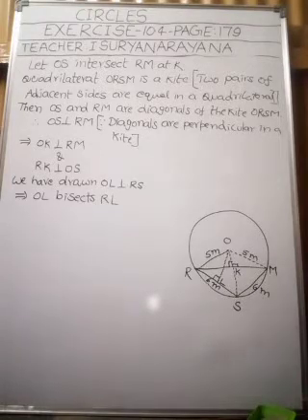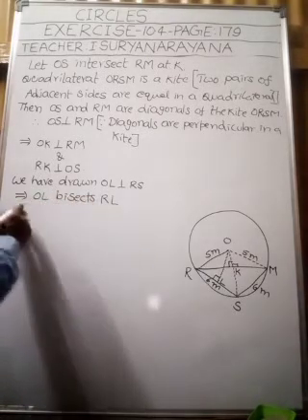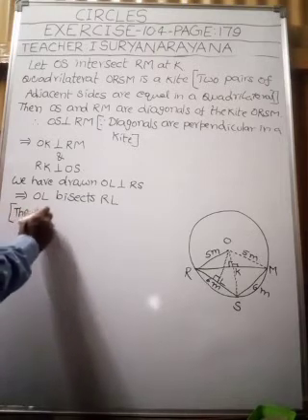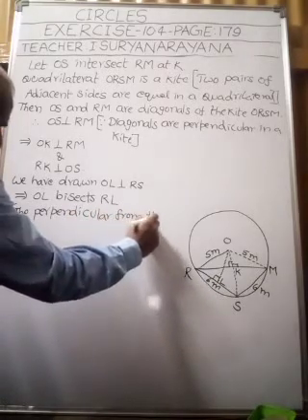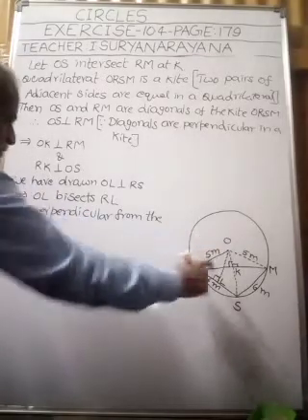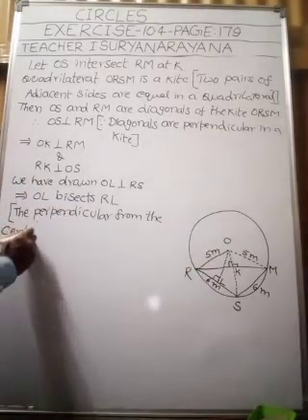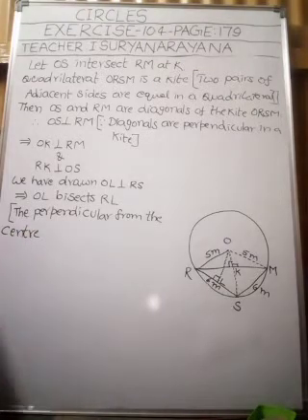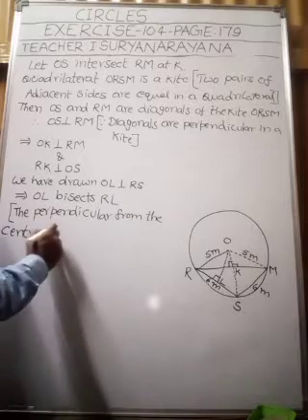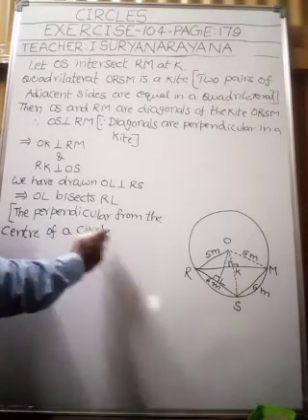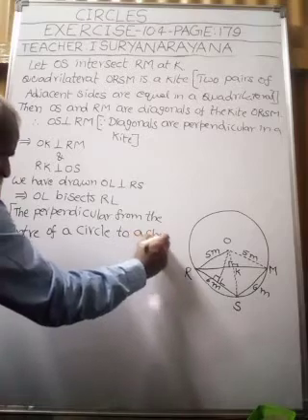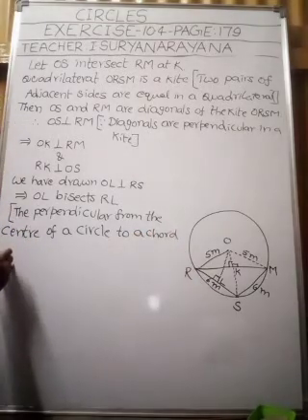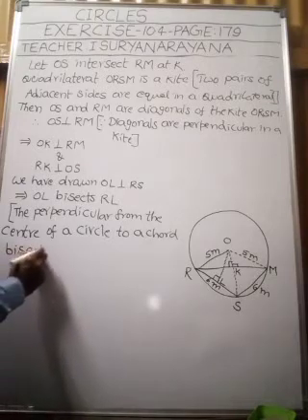There is a property: the perpendicular from the center of a circle to a chord bisects the chord.